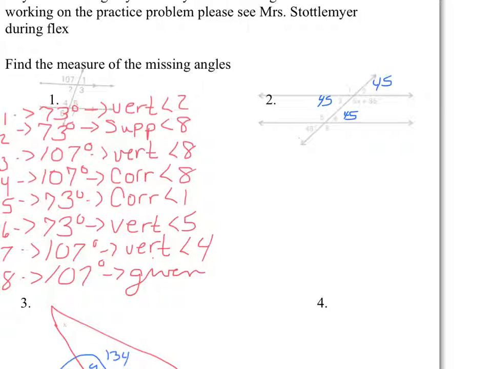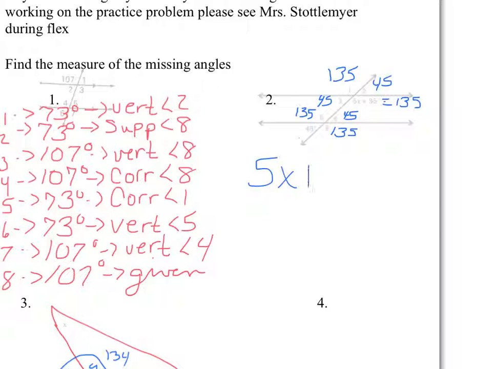We are then able to determine that 8 is going to be 135 degrees because 45 and 135 have to add up to 180 degrees, or supplementary. So angle 5 is 135, angle 1 is 135 because it corresponds to angle 5, and the math problem has to equal 135 because it is vertical from angle 1.